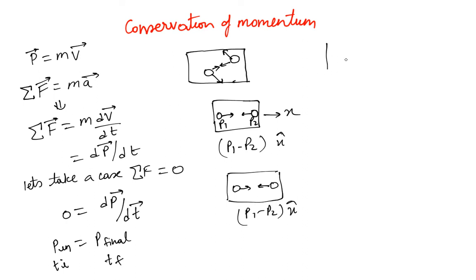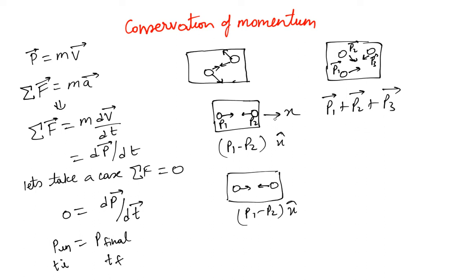Or you can have a different situation. You can have three balls going like this, and let's say this is p1, this is p2, and this is p3. Then p1 plus p2 plus p3 is the net momentum of the system, because we always talk about a system.